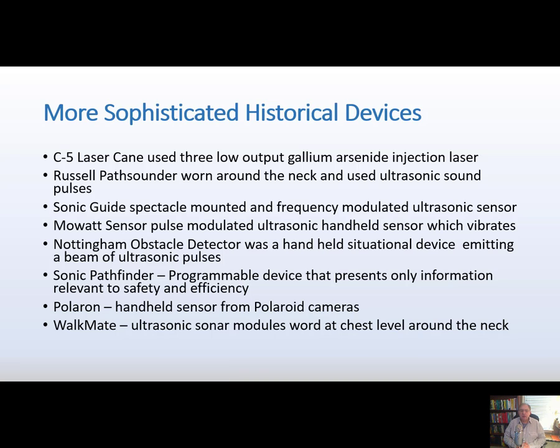So let's talk about some of the historical devices, some that are a little bit more sophisticated than what we've been talking about. One of them was the C5 laser cane. This evolved from, I think, the G5 device. It used 3 low output gallium arsenide injection laser beams, low output so that they wouldn't be of harm to anyone. Those beams would scan the environment.